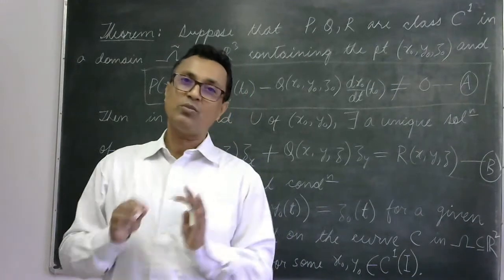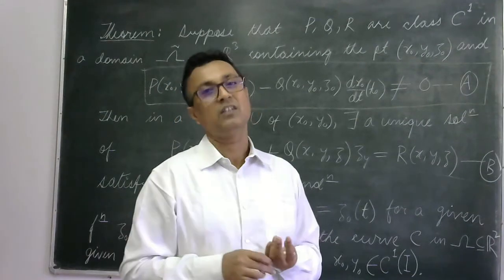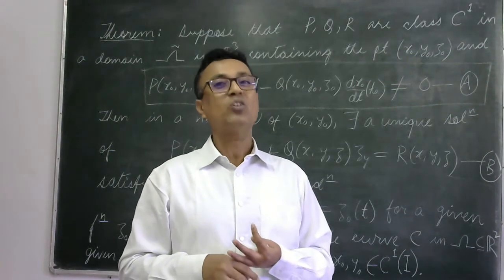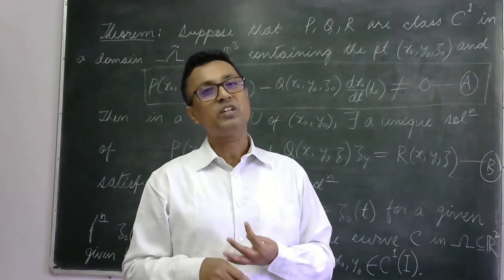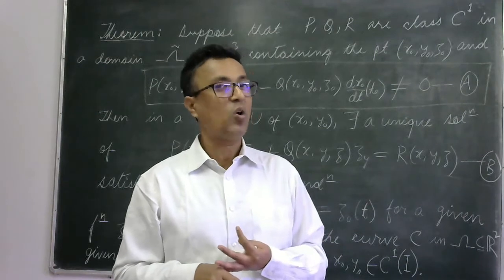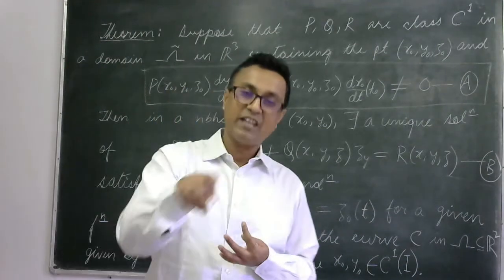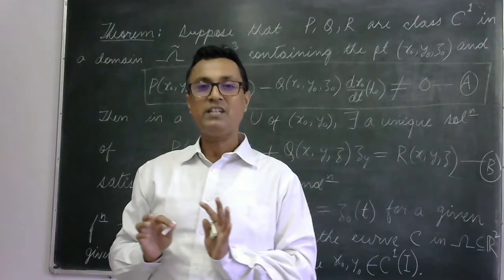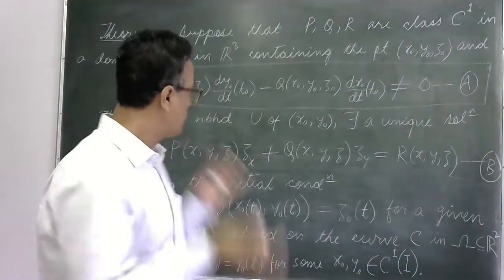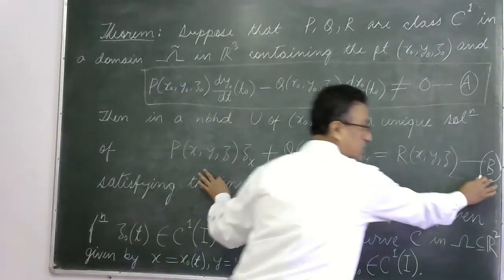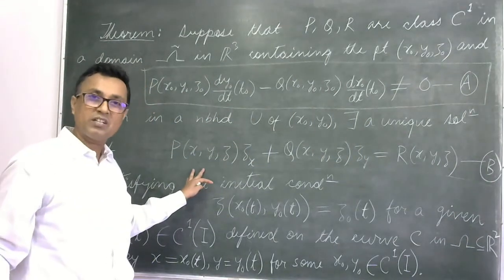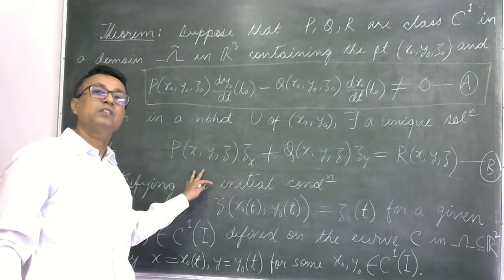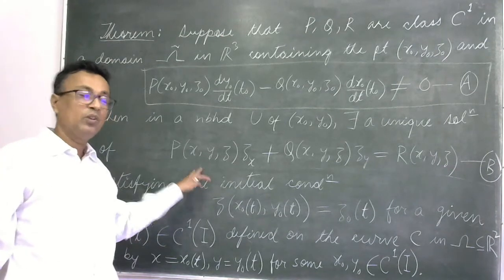Then we have defined another function of the variable t along that curve, in such a way that corresponding to all the points lying on the curve in the xy plane, I can get a curve, say C tilde, in xyz space, right? And then we are seeking a solution of this differential equation, which is nothing but a surface in such a way that the initial curve C tilde is going to lie on that solution surface. Okay, and for that we have been given a condition.